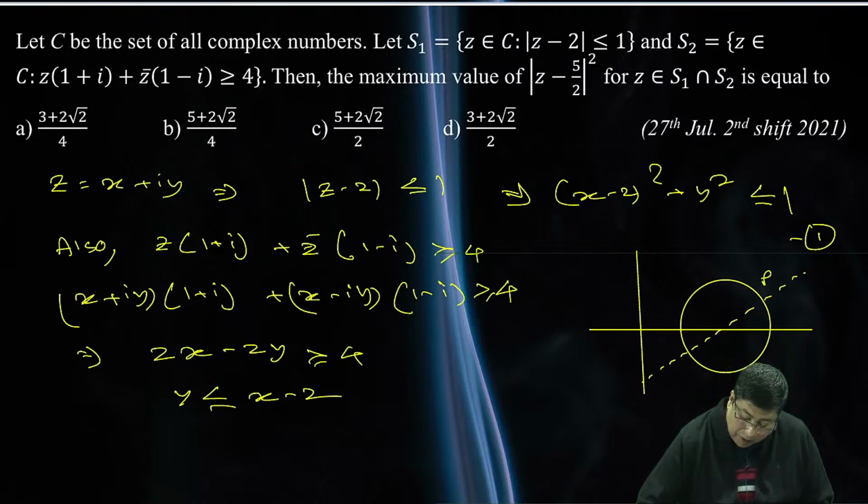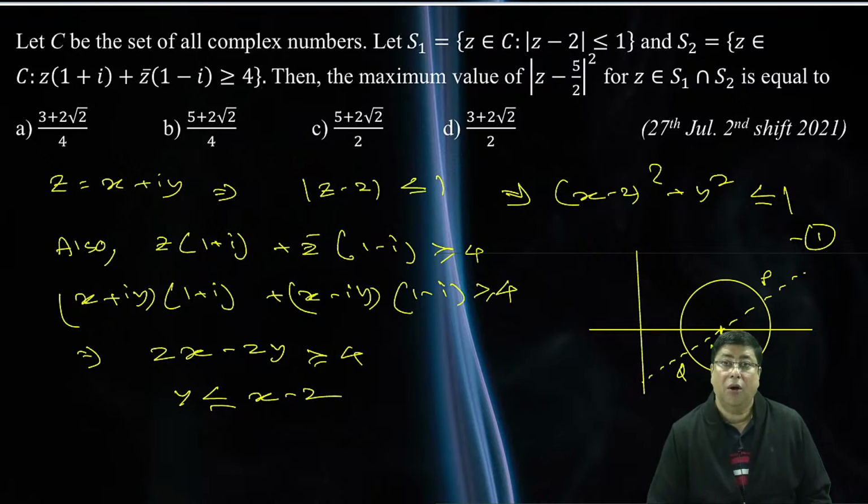Suppose this is a point P and this is the point Q, and this is the center 2, 0, and our target is what? The maximum distance of z, z meaning the points satisfying on P and Q, from 5, 2. It means everybody, this is the point 5, 2. This is the 5, radius is 1, so 2, 1, 3, this is 3, 0.